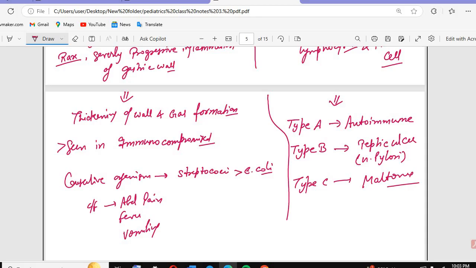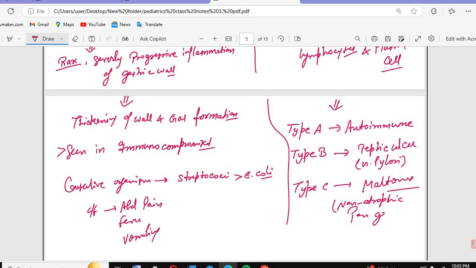Okay, that is basically non-atrophic. You can see here that is the non-atrophic pangastritis. Pan means everything, all the layers would be affected, or the complete stomach would be involved. Non-atrophic means there is no reduction of the size.